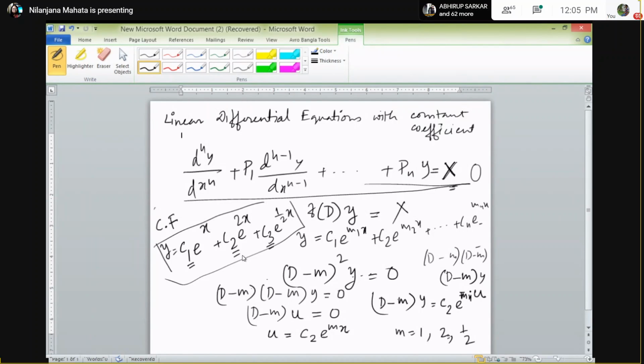Can you solve it? Can you try it? This is a linear differential equation. Can you try it? Try and tell me what you got.